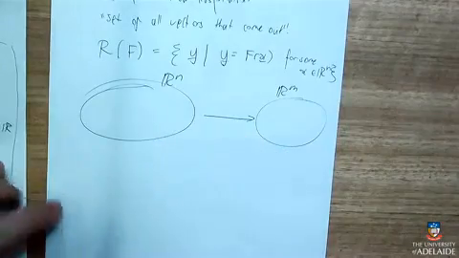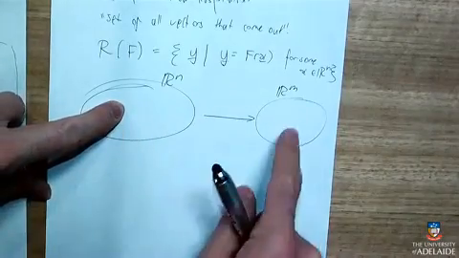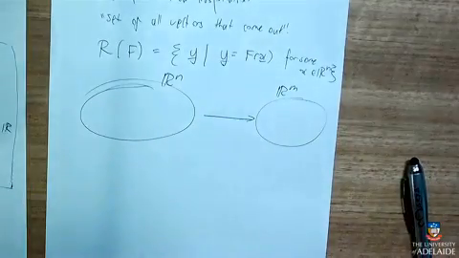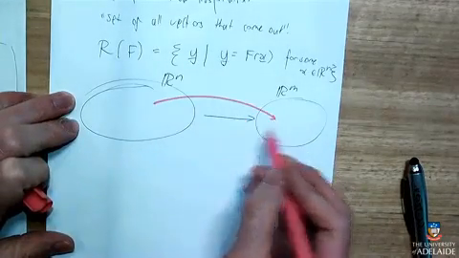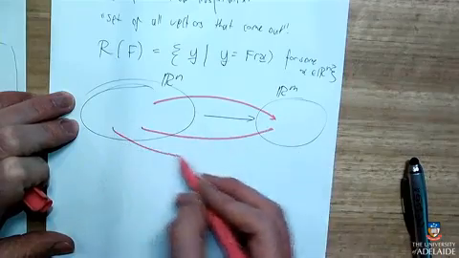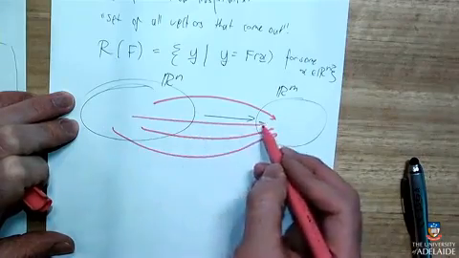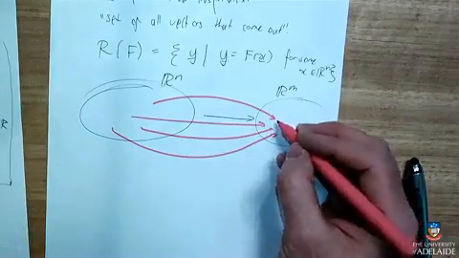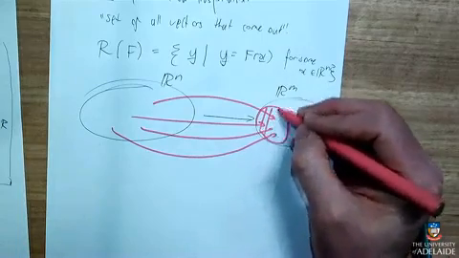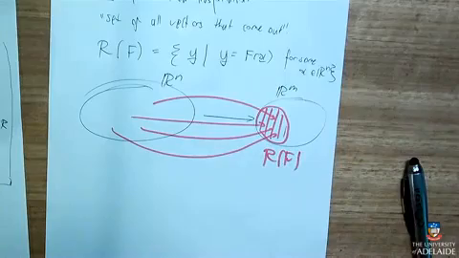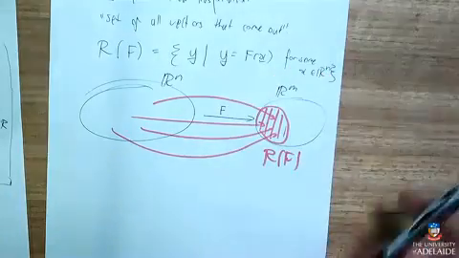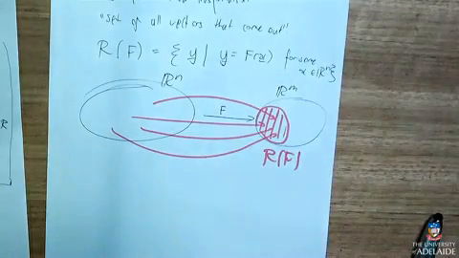And the idea is that if I track where all the points here end up in Rm, so maybe this one goes there, and this one goes there, and this one goes there, and this one goes there. And if I do it for all of them and collect them all together, then the thing that I make, that's the range. That's the picture in my head.